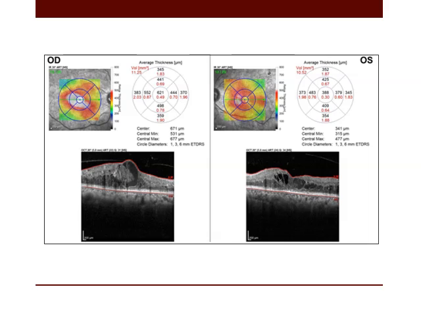This scan consists of 3 concentric rings. The innermost one is the foveal or central subfield ring, which consists of the average foveal thickness. Then there are 2 concentric rings, the parafoveal ring and the perifoveal ring.